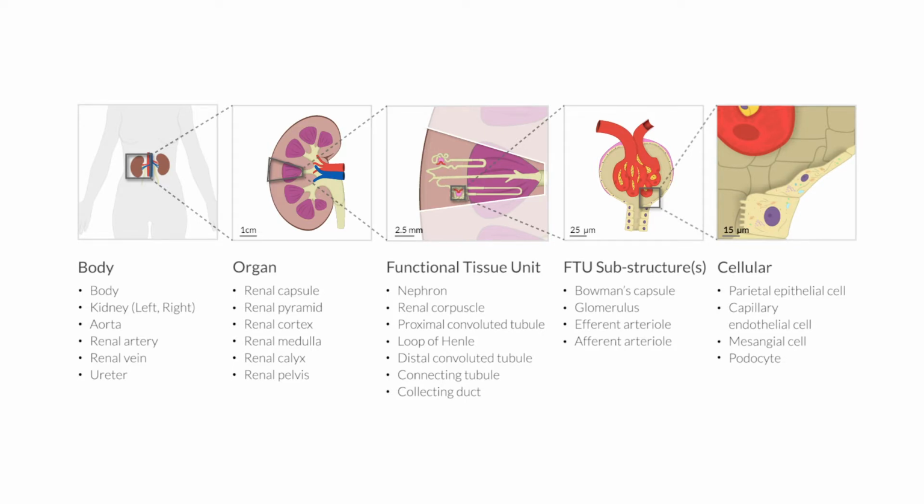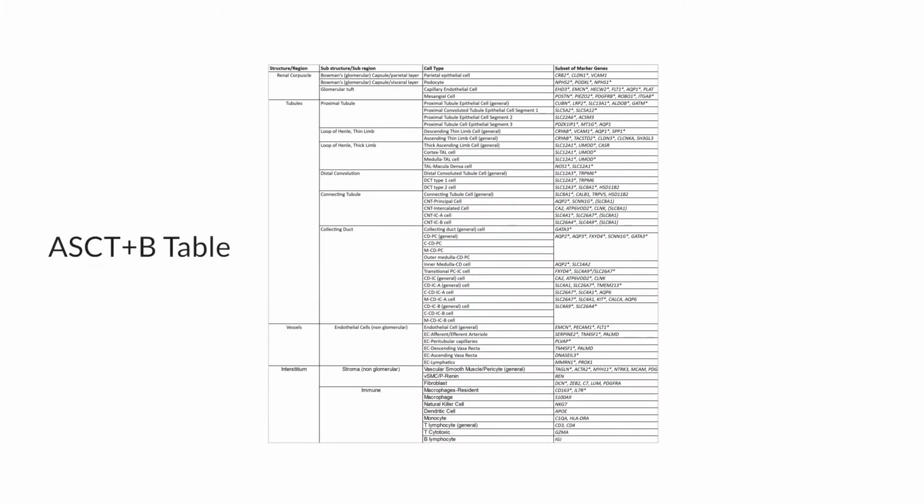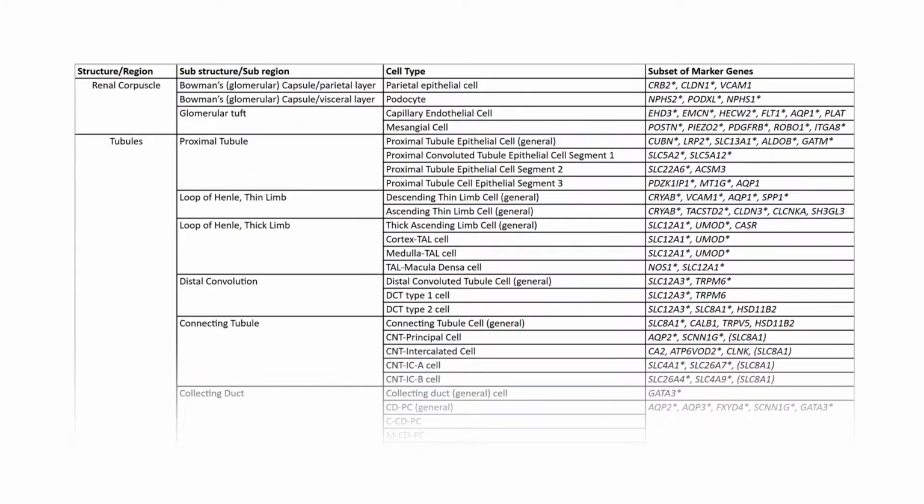Take, for example, the renal corpuscle. It is part of the kidney and has different substructures, such as the glomerulus, that are made of different cells. This is the ASCT plus B table for the kidney. Let's zoom in to the renal corpuscle, which includes the glomerular tuft and other substructures. The table also indicates the cell types that make up each anatomical structure.